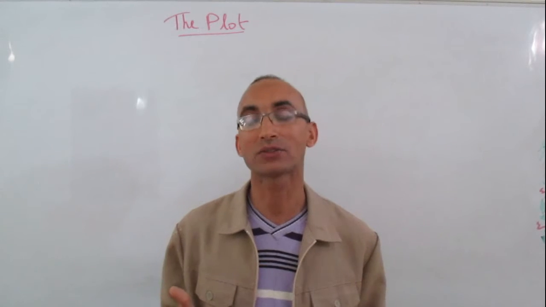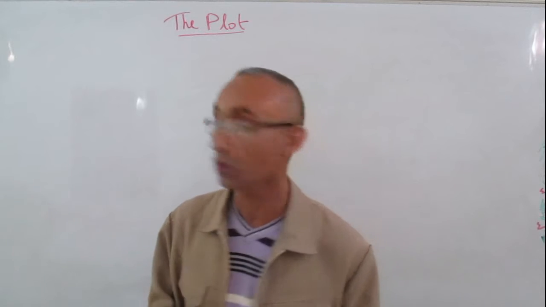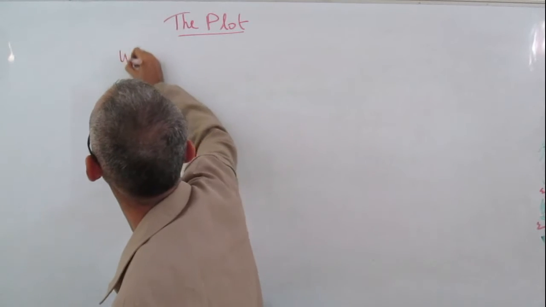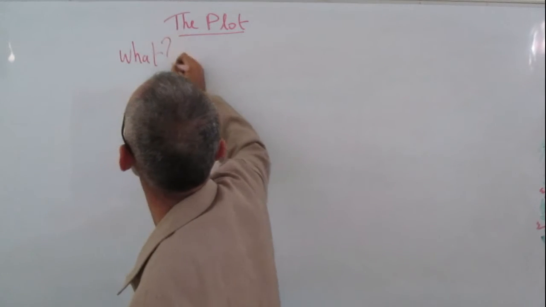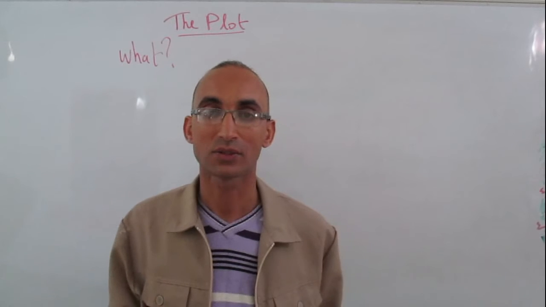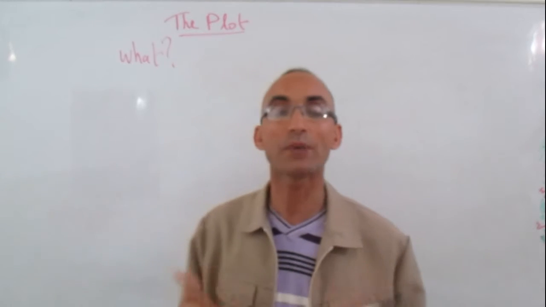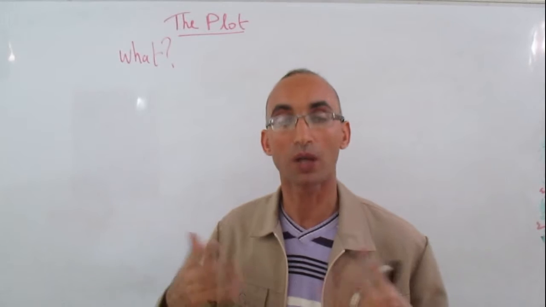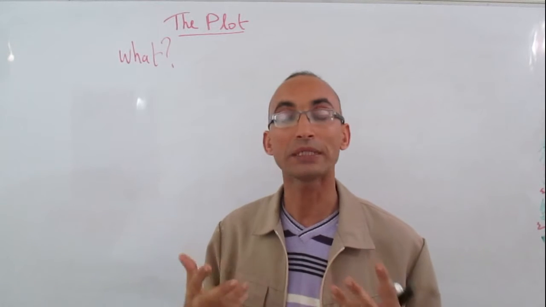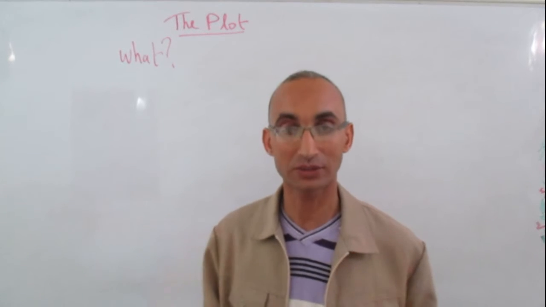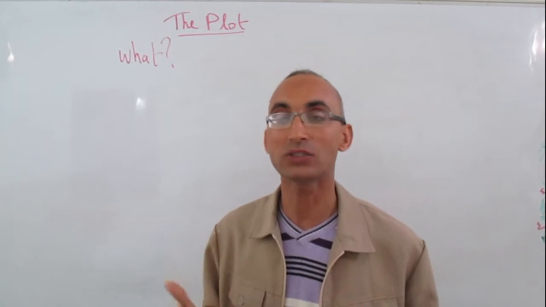We can say that the plot is the answer of what? What happens in the story, or what is going on in the story. So the plot represents the series of events and actions that take place in any story.